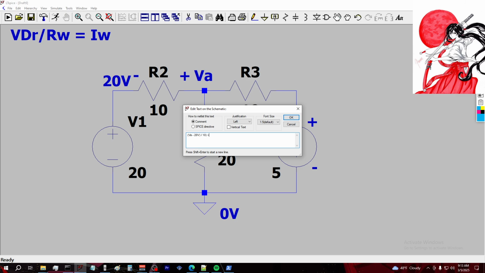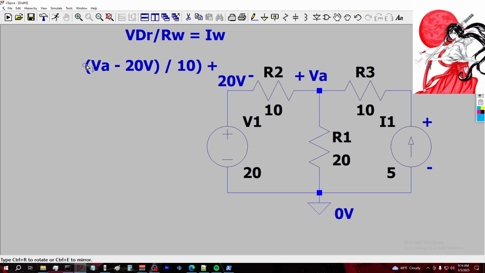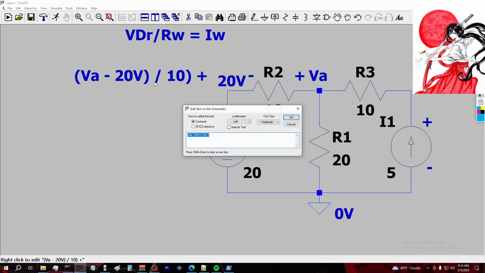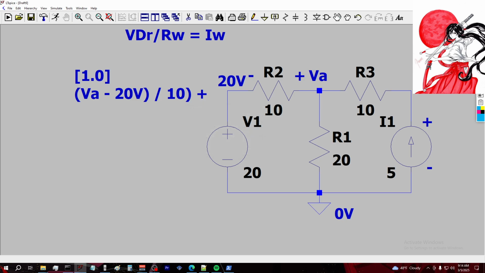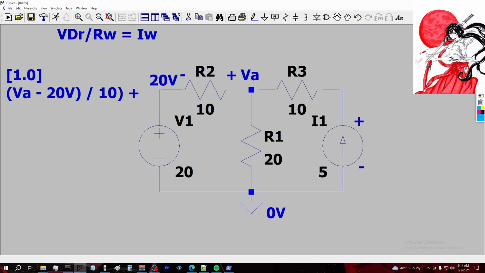All right, we're going to plus that. So we've completed this wire. This wire right here is completely complete.